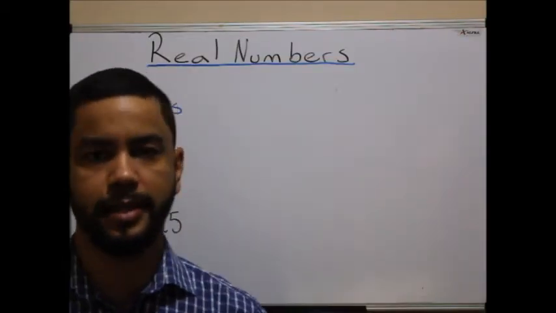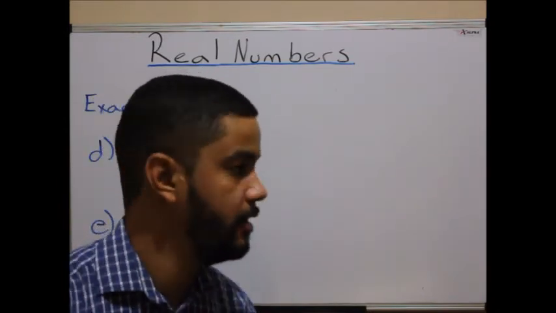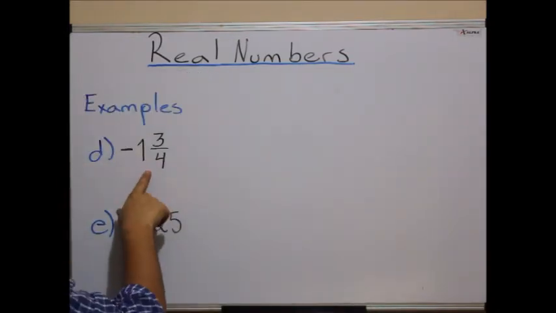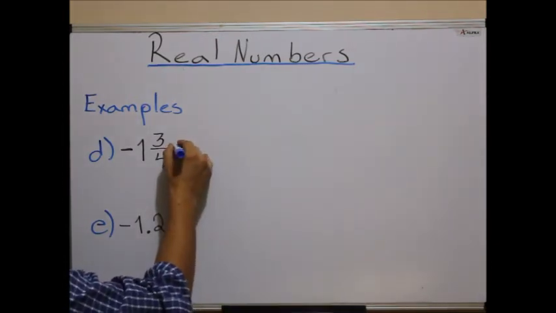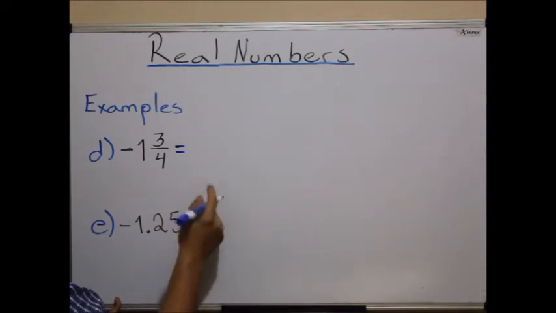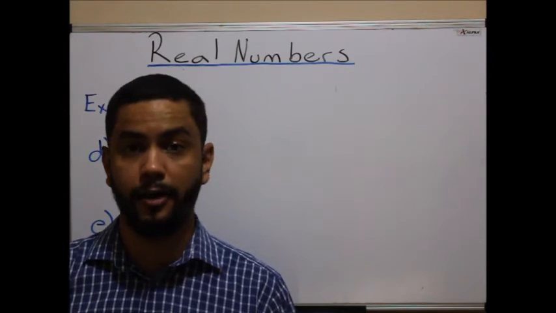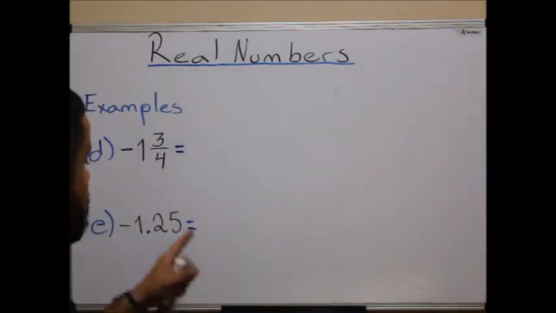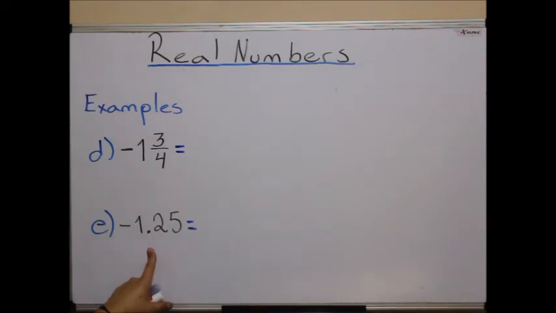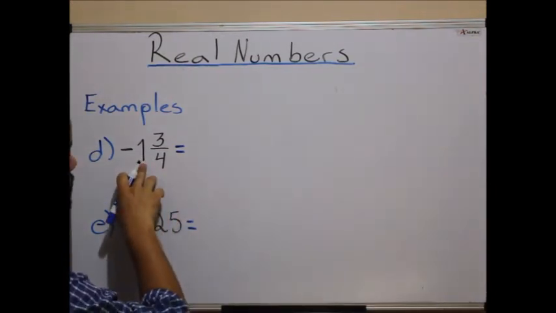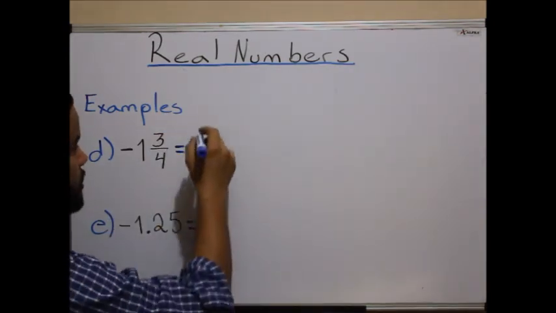Okay, now let's see those rational numbers, because they are a fraction and a decimal, so they are rational. Before making any change, we're going to rewrite both into fractions, because this one is a mixed number and that one is a decimal. So 4 times 1 is 4, 4 plus 3 is 7.